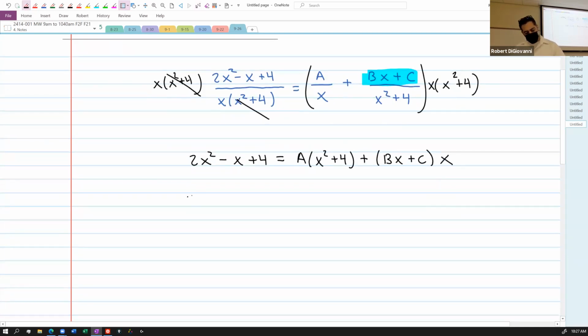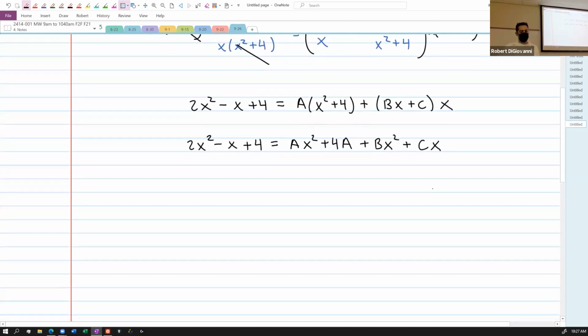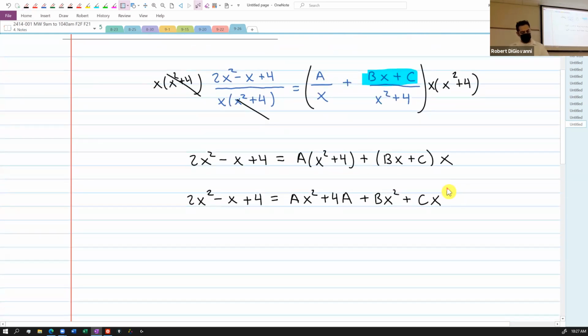I'm going to expand out the right side because I want to use my calculator. Ax squared plus 4a plus bx squared plus cx. This gives me 2x squared minus x plus 4 equals the x squareds.